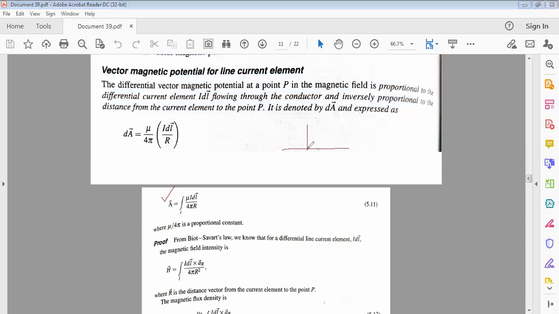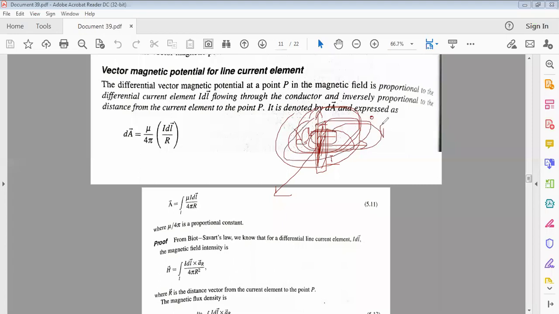For suppose, X, Y and Z. For suppose this is the current element and this is the point P. When current I is passing through this current element, when we consider some differential length dl, because of the current I passing through, some magnetic field exists, right?